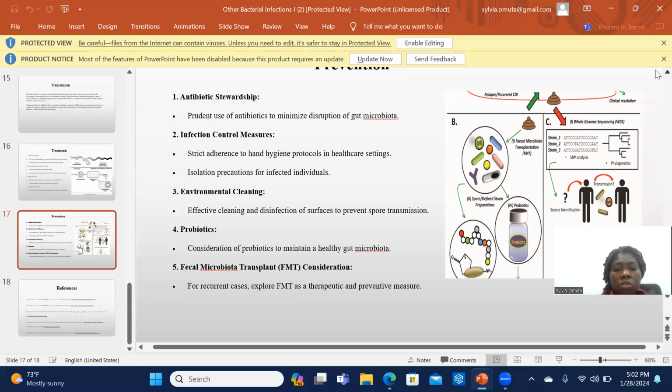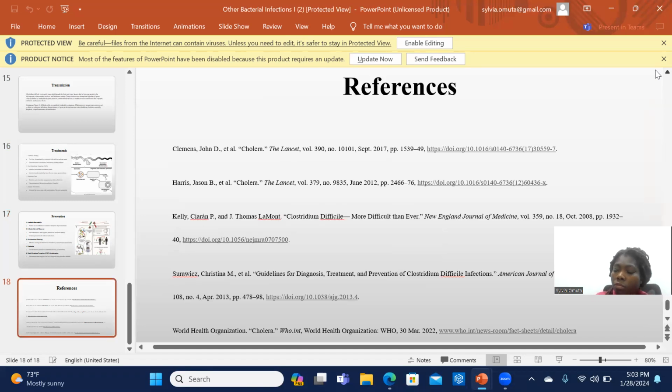Probiotics: consideration of probiotics to maintain healthy gut microbiota. Fecal microbiota transplant: consideration for recurrent cases as an adequate prevention measure. And my references. Thanks for listening.